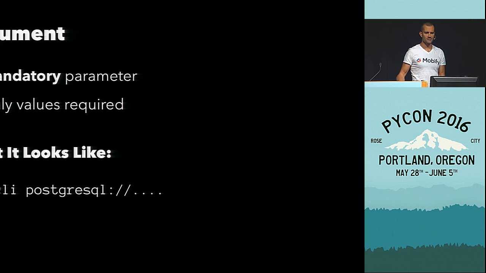Arguments are mandatory. They are just values that get passed in. Like in this example, we have pg client, which is a command line interface to connect to Postgres. And the argument in this case is a URL encoded credentials host name for whichever Postgres instance I'm going to connect to.